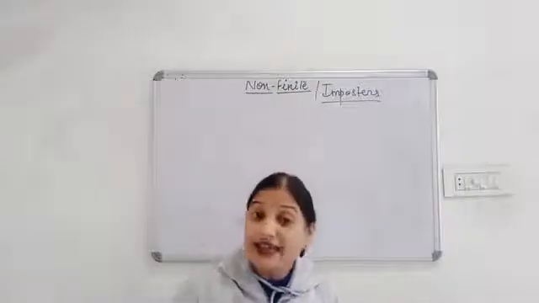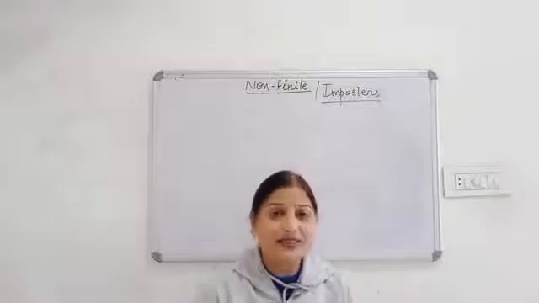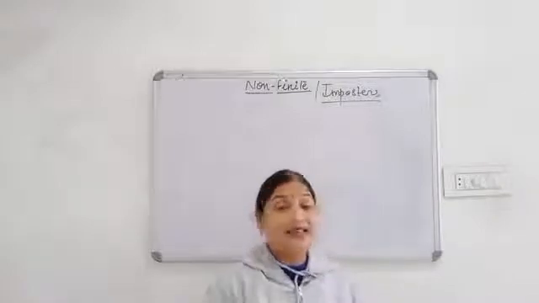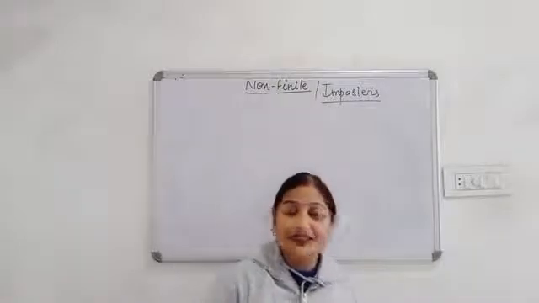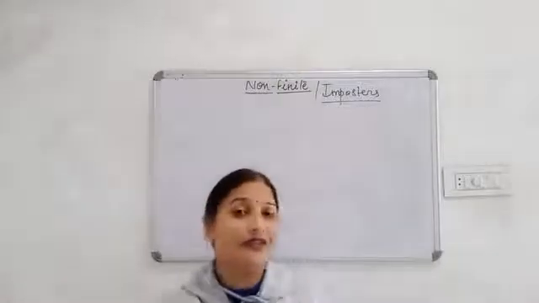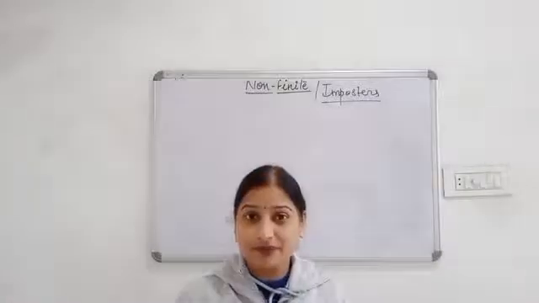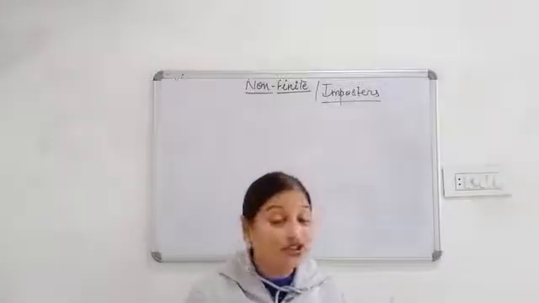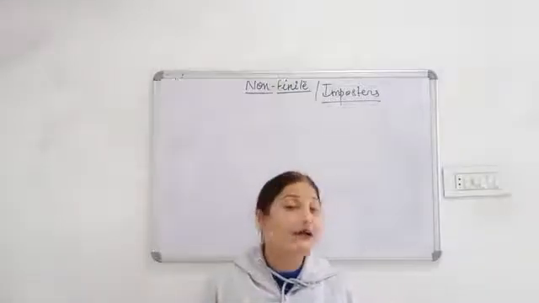At first sight, we will say that yes, it is a verb. But if we look at it in detail, we will find out that it is not a verb. Then that is called the non-finite verb, or the imposter.